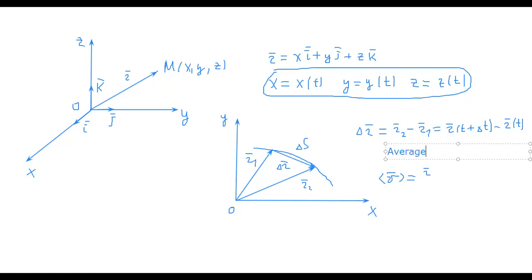Average displacement velocity. Yeah, this average displacement velocity is r at t plus delta t minus r from t, and divide by delta t.